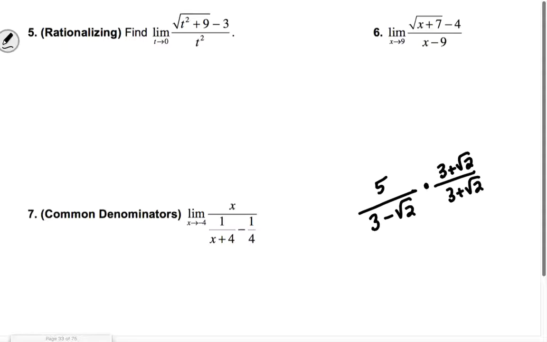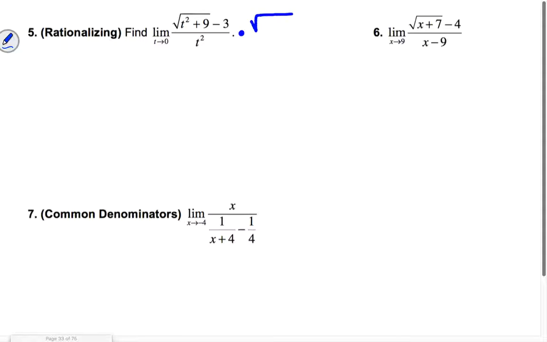Okay, that's what we're doing with this problem, only now it's in the numerator. So we have a square root in the numerator, which is fine. So we're going to do the same idea where we're going to rationalize. So we're going to multiply by the square root of t squared plus 9, and then instead of minus 3, we're going to do plus 3. And we do that on the top and the bottom. Okay, so it doesn't look like anything exciting right now.